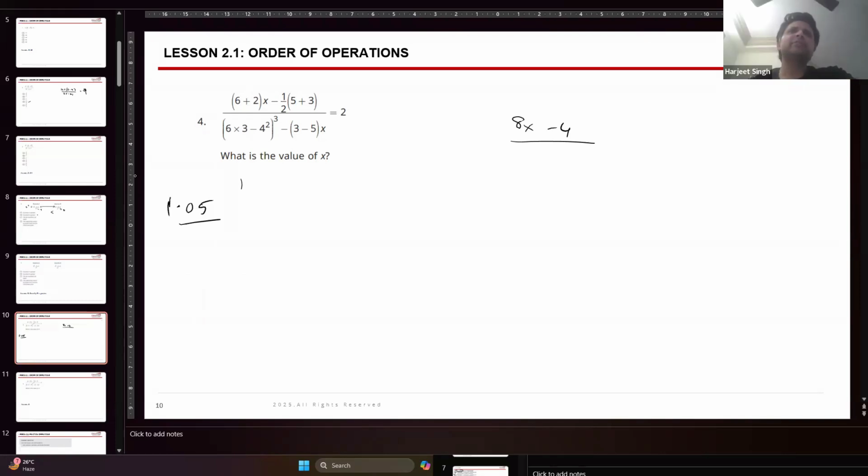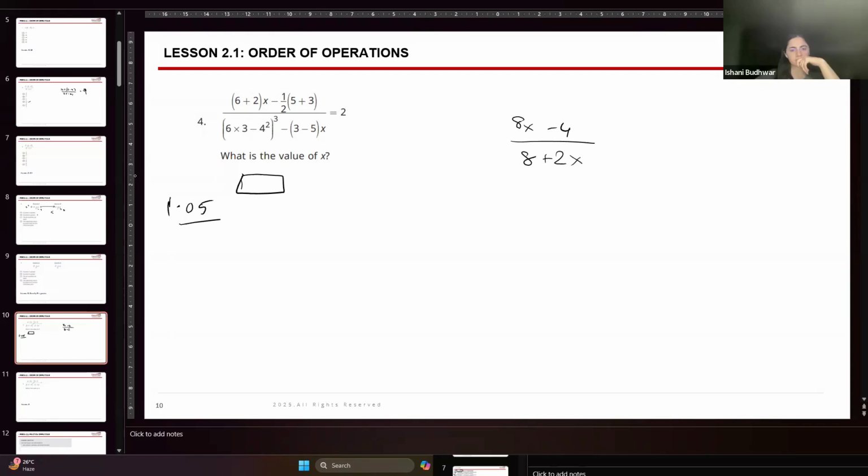Yeah, see, this is a box question, which means no choices are given. So if there are no choices, then the only way is to solve. But here, this term becomes simpler. This is 18 minus 16, so this is 8. And this is minus 2x of minus 2.